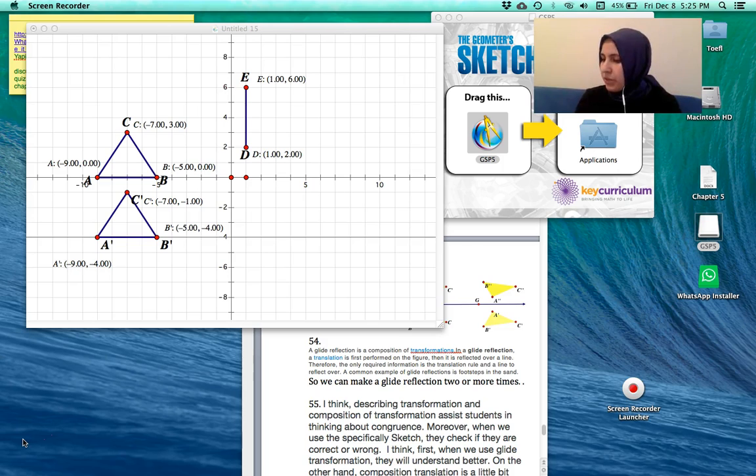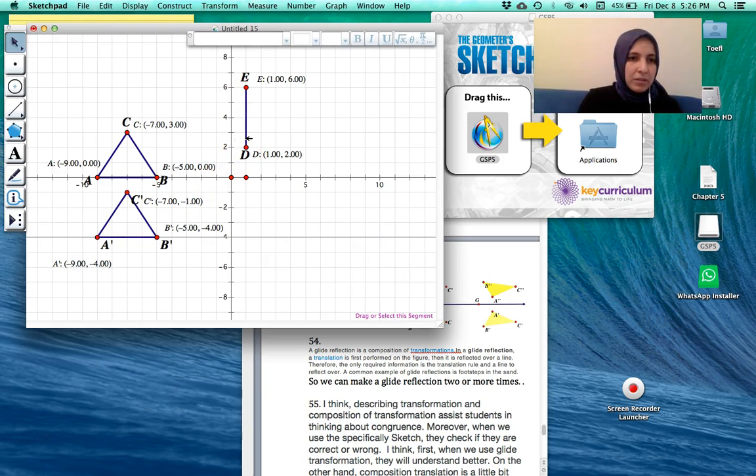Question 4. Drag a vertex of triangle ABC. Is the relationship still true? Explain. As the question says, I translated using a vector DE. Yes, I marked it, and then it was vertical. I dragged the head of the line DE, which I call the head of the vector, and I noticed that the coordinates of the image did change.